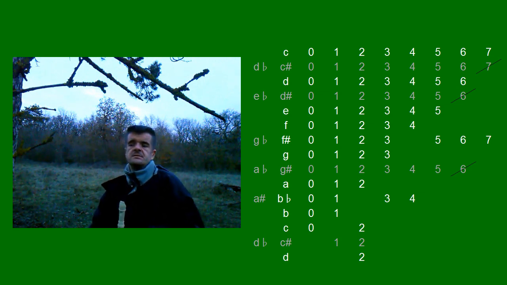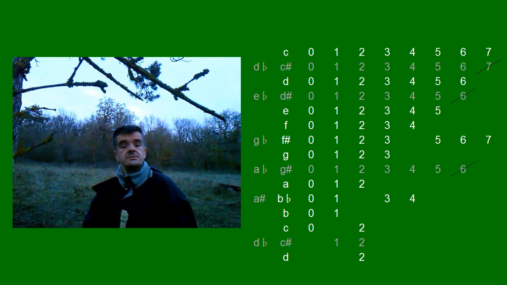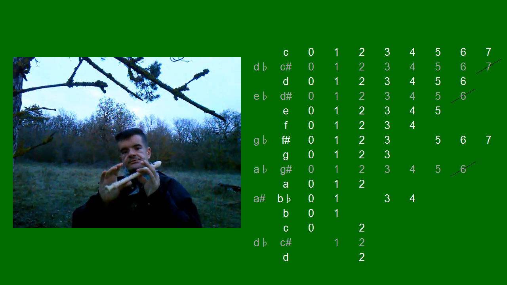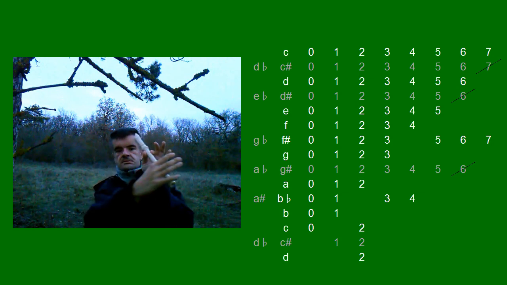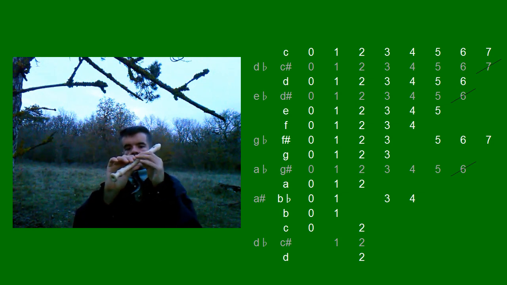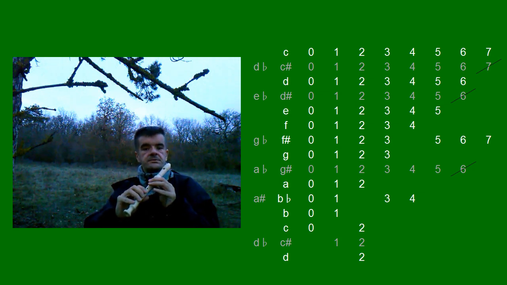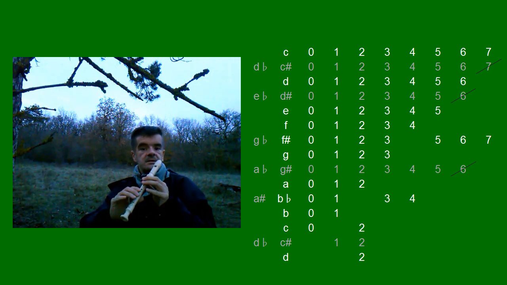For instance, in I Vow to Thee, My Country, we have a jump from B to E. And this is something you might not find very easy at first sight.